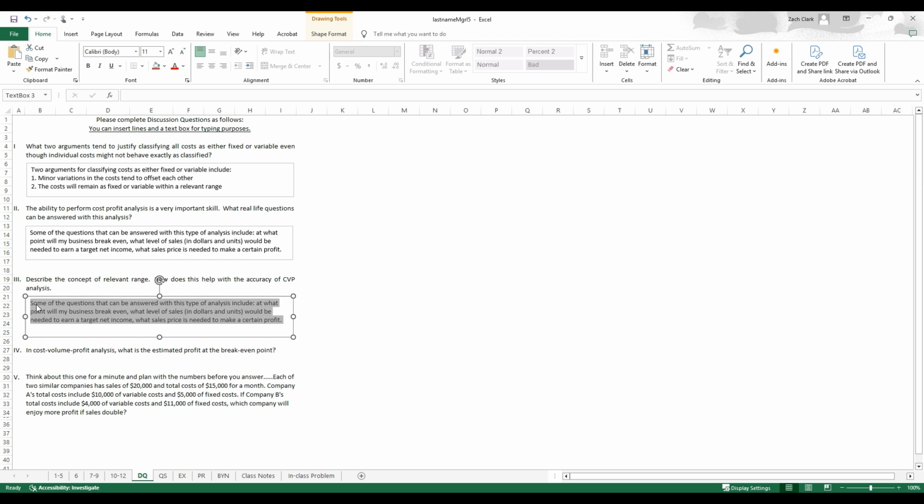And so the basic concept here is that when performing the CVP analysis, we must assume that sales and production are within the relevant range, and the normal relevant range is within 80 to 100% of normal capacity for production or for operations.